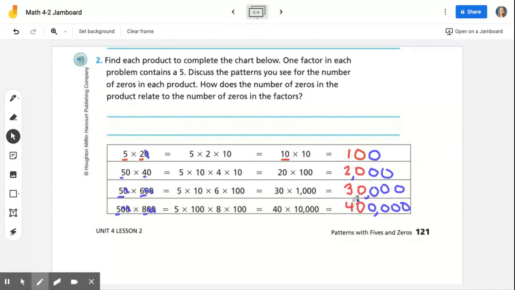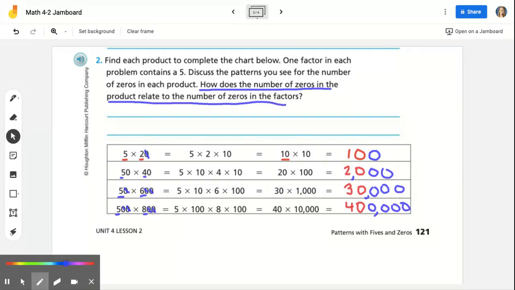Okay. And then, now that we have our correct answers, we're going to answer the question, how does the number of zeros in the product relate to the number of zeros in the factors? Well, let's do one of these together, and then you'll do the remaining 3 on your own. So let's count the number of zeros in our multiplication sentence for 5 times 20. How many zeros are within each of these 2 factors? There's only 1.